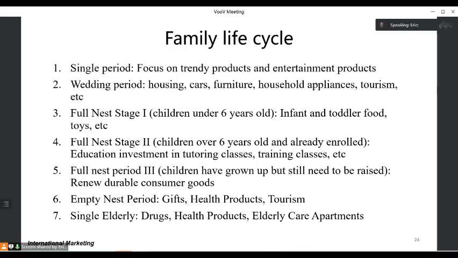So the price of the house is very high. Okay, so it's called 学区房.